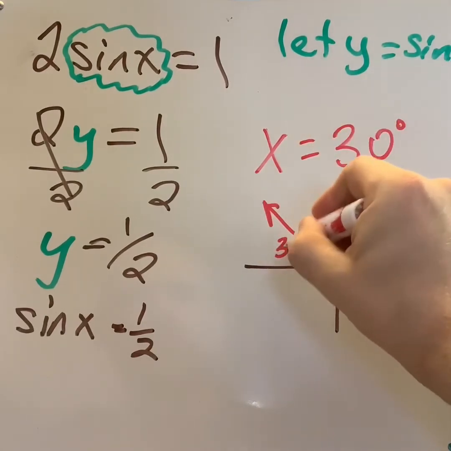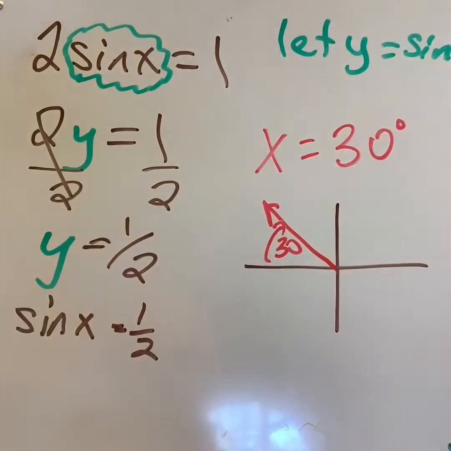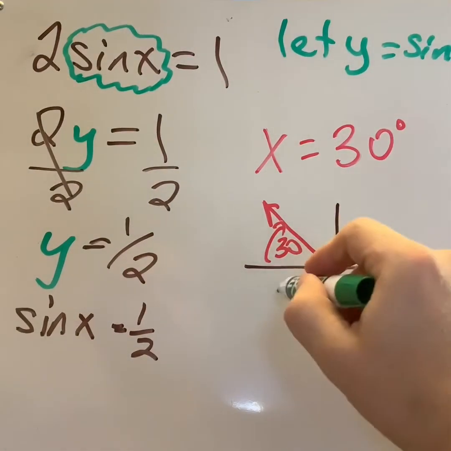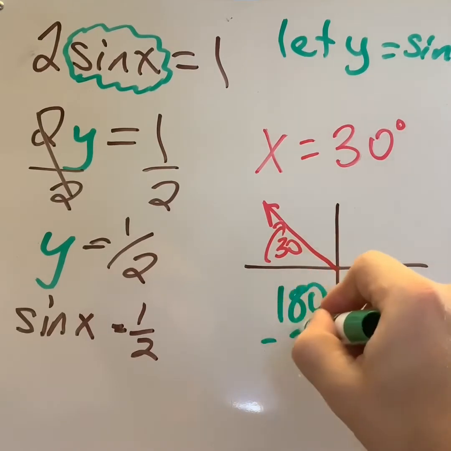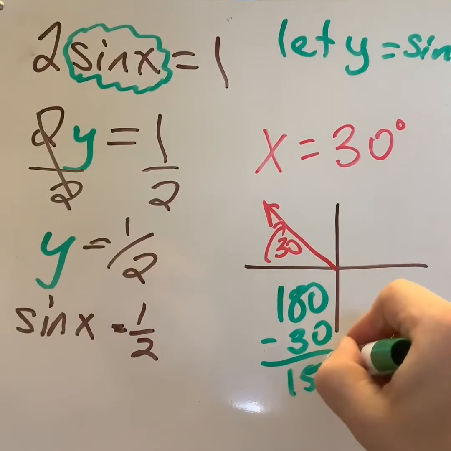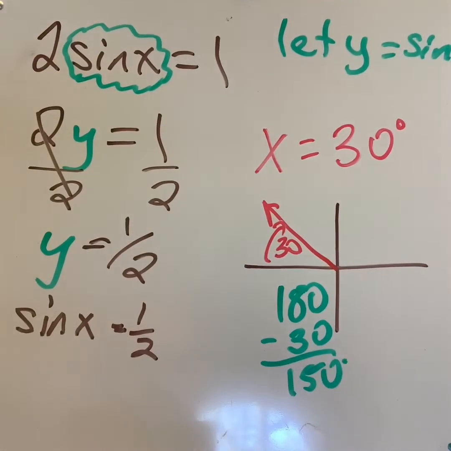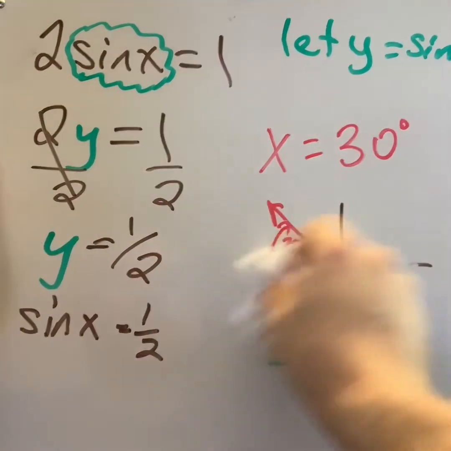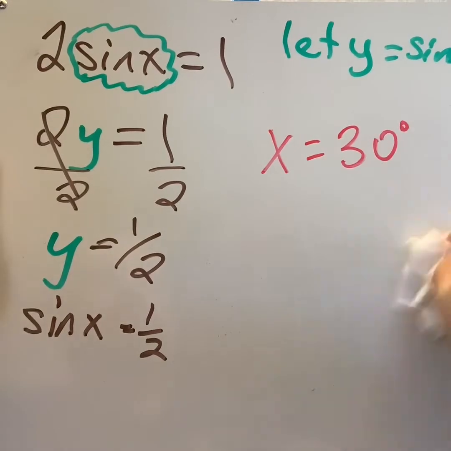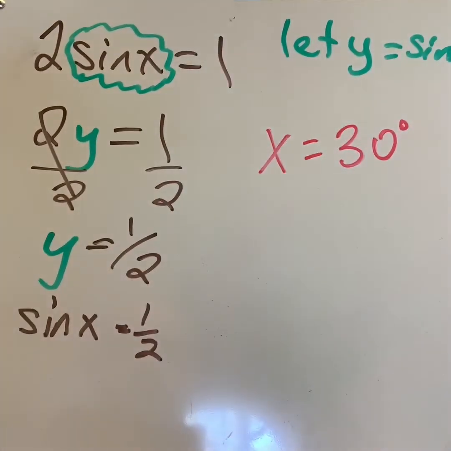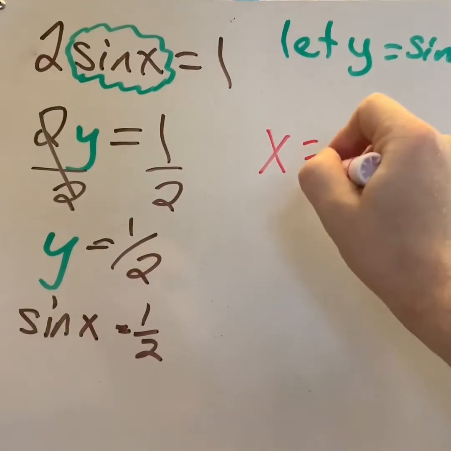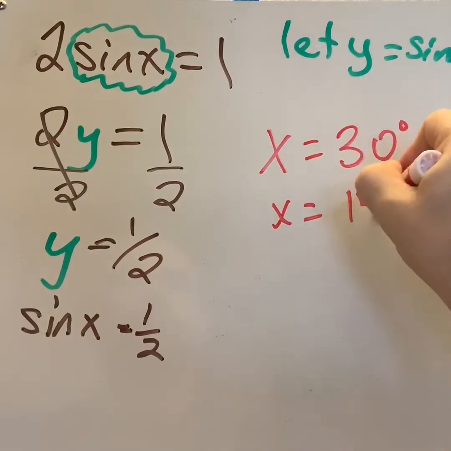So in quadrant 2, do you remember how to find the angle from the reference angle? Well, we do 180 minus 30, and we get 150. So in addition to x being 30, x is also going to be equal to 150 degrees. So the answer to this problem is x equals 30 and x equals 150.